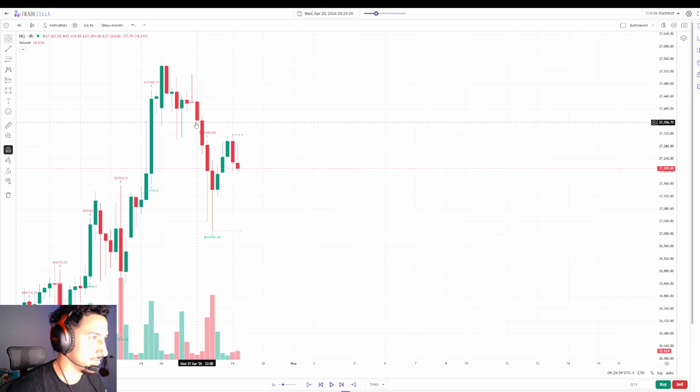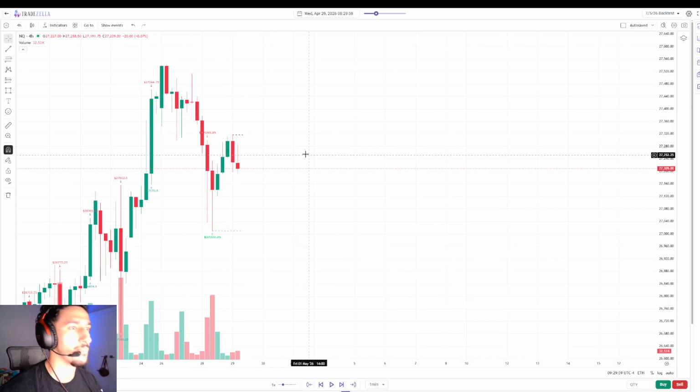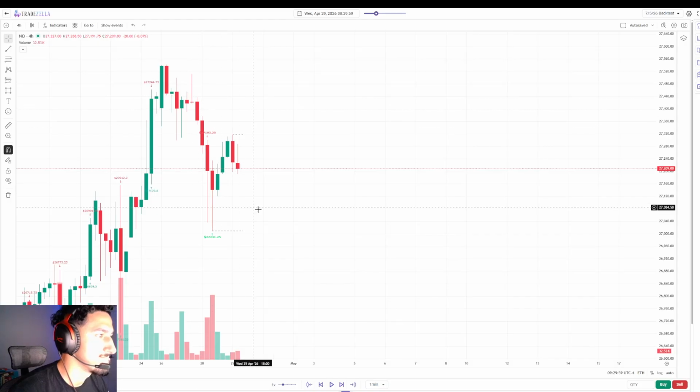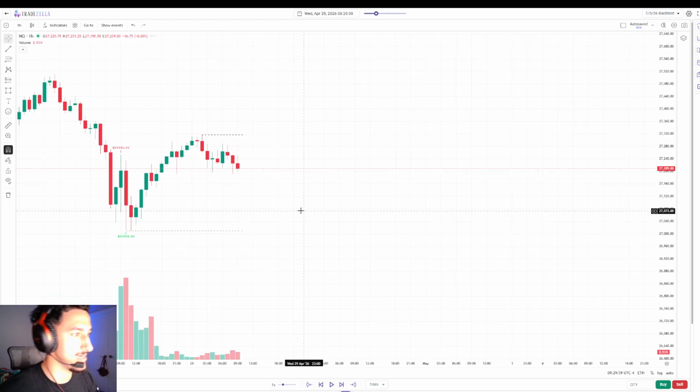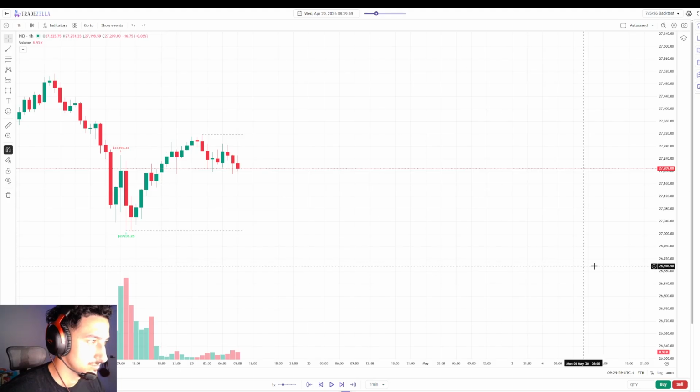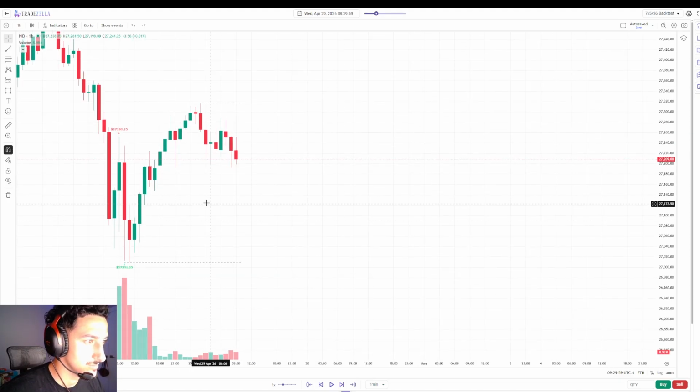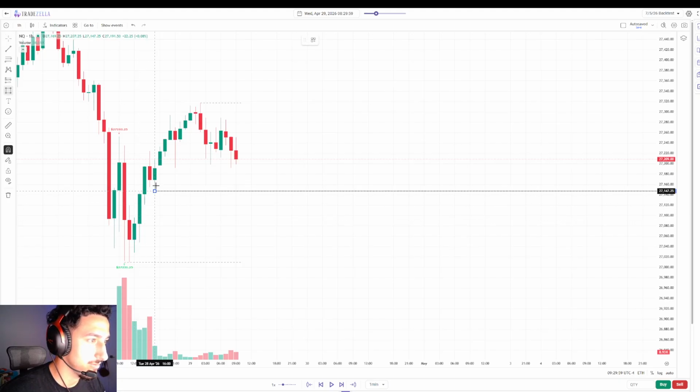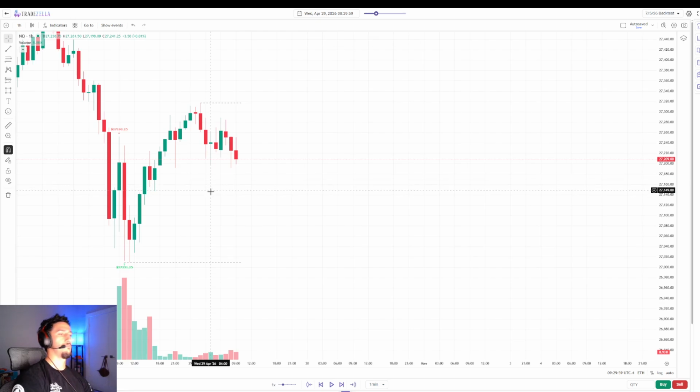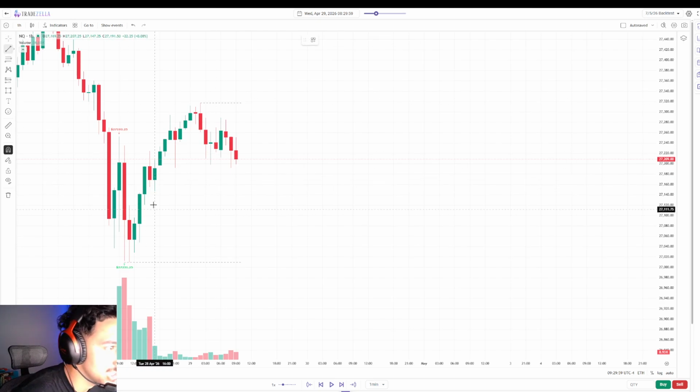Liquidity, we come up into this 4 hour here and rejecting. We filled in this bullish 4 hour. On the hourly, we see an hourly here that we rejected out of for possible rejection block.